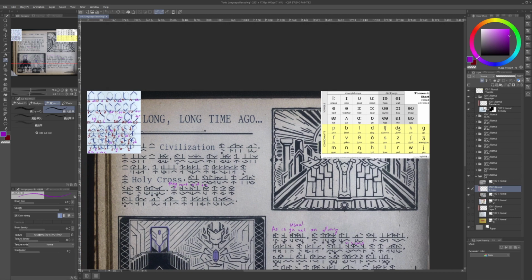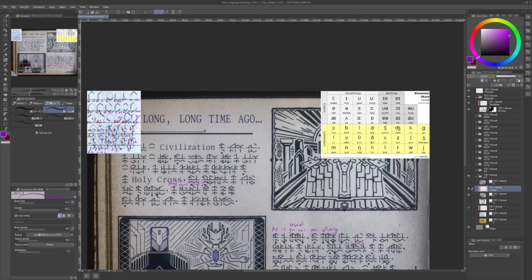P, yes. B, yes. T, yes, definitely. D, yes. Ch, J, K, G, we have F, we definitely have V. Think, TH. Fe and vis. So it must be that one. S we have, Z we have, sh, j, ma, na, ng, ha, la, ra, wa.